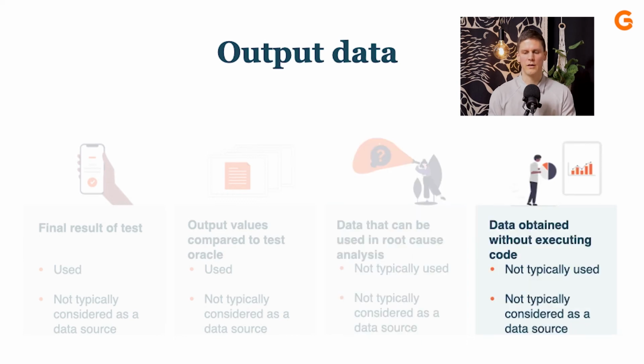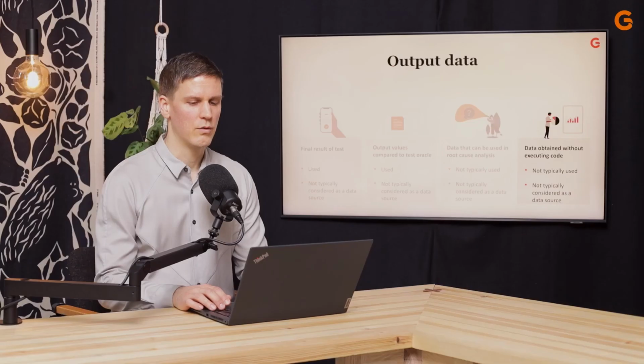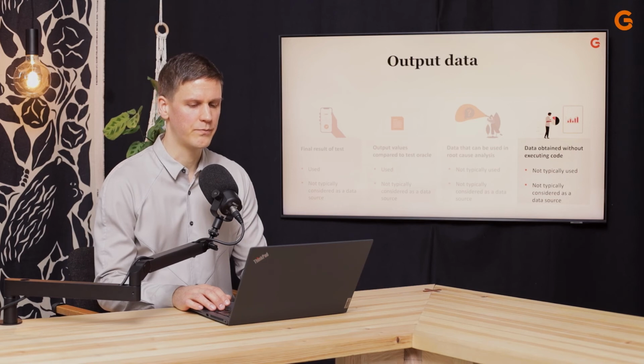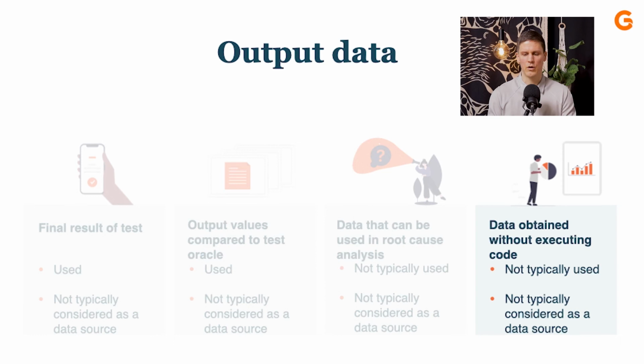The fourth category is data obtained without executing the code. We can think of testing in the broad sense, so testing includes tests that execute the code as well as static analysis that generates data by inspecting the code. Also, code complexity metrics fall under this category. In practice, the use of static testing is not that common.